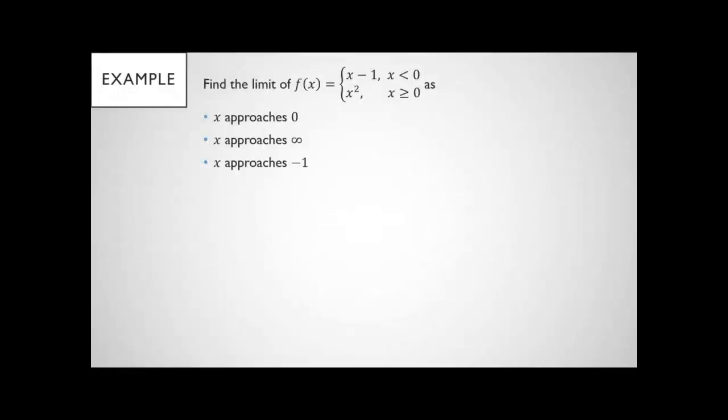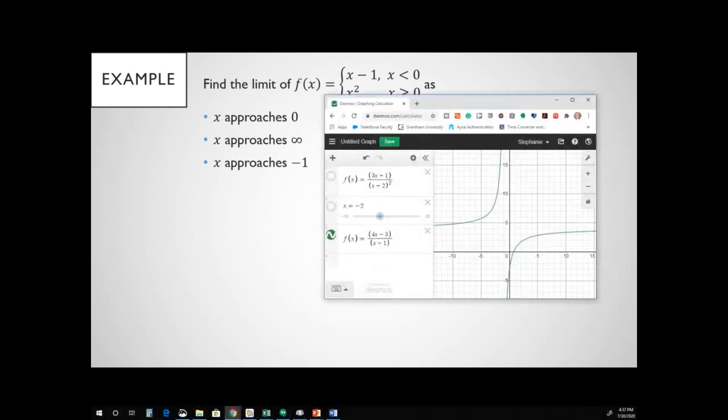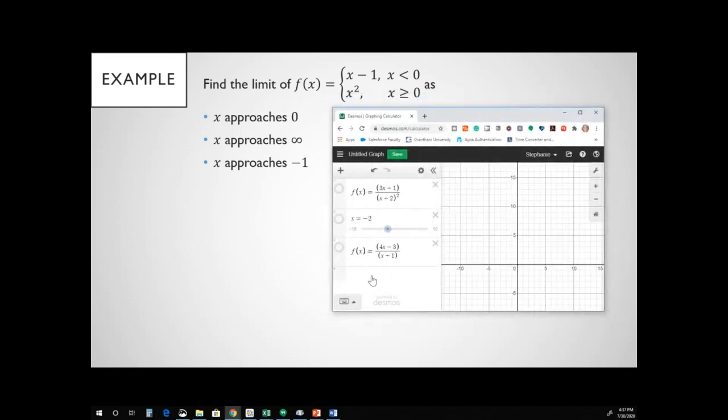So here we have a piecewise function. And so I'm actually going to also graph this one. If you've ever wondered how to graph piecewise functions in Desmos, you're now going to find out.